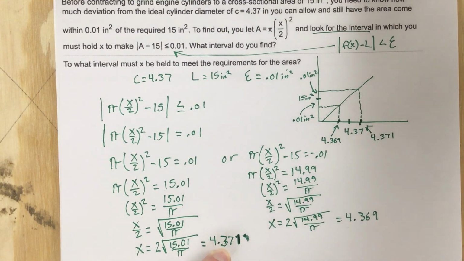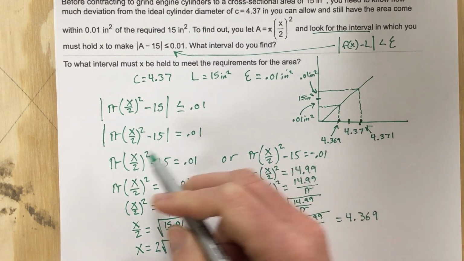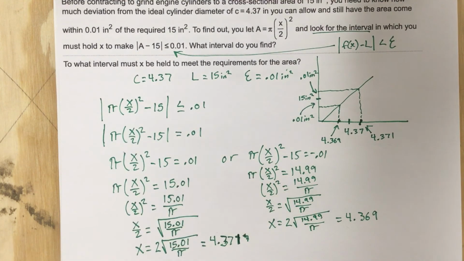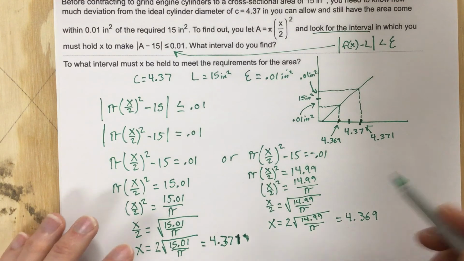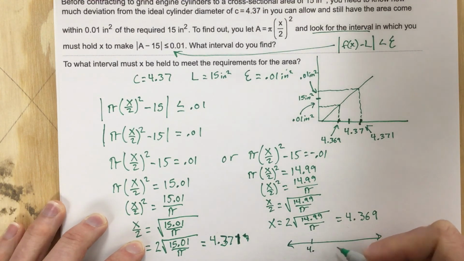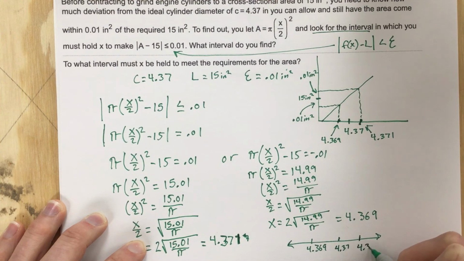This part is 4.371. Now, if we take 4.37 and we plug it into the inequality, this is like where we draw the number line with the method that I use. We draw a number line, and we put 4.369 on this side. We put in the middle 4.37 here, and we put out here 4.371.